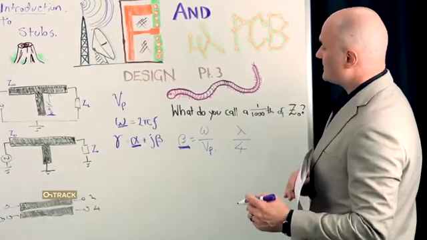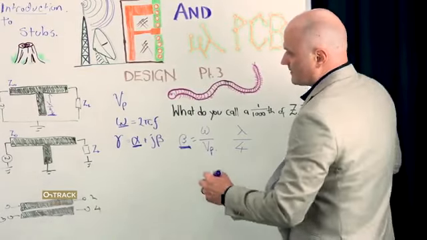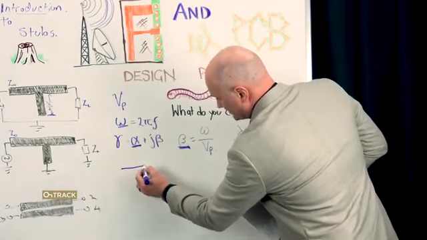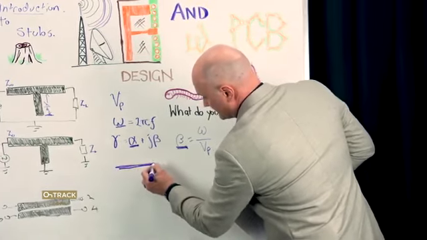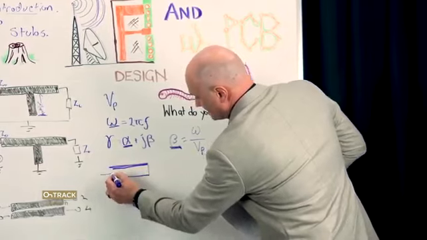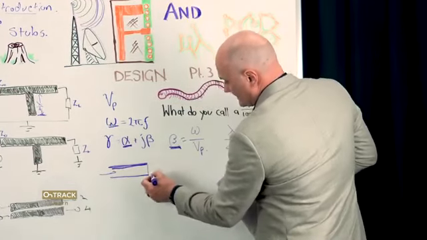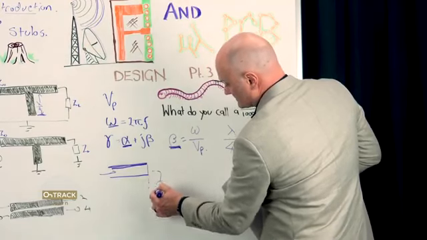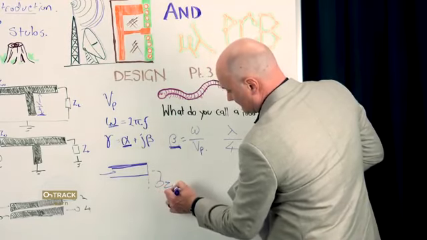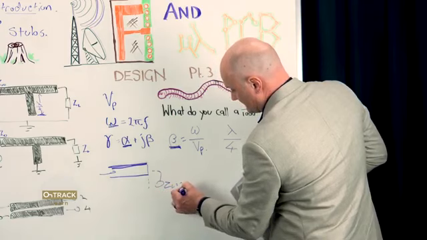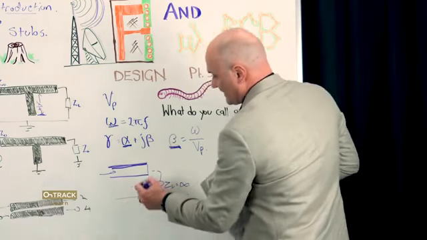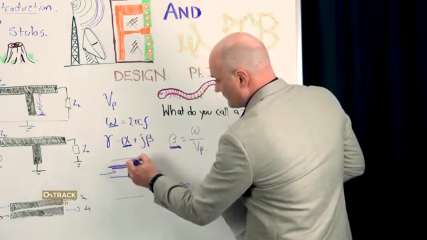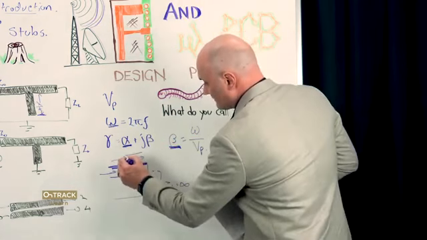I'll tell you why. It's because when you have a segment of transmission line, and this gets into reflections, and it's terminated in an open circuit, so there's a ZL of infinity, 100% of the energy of the wave traveling down that line must be reflected back.